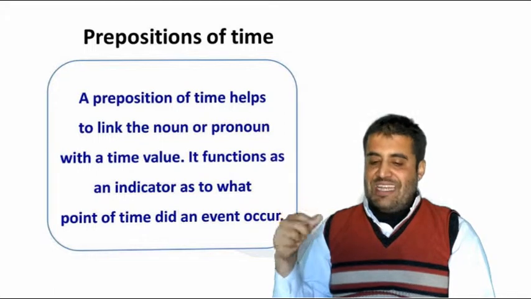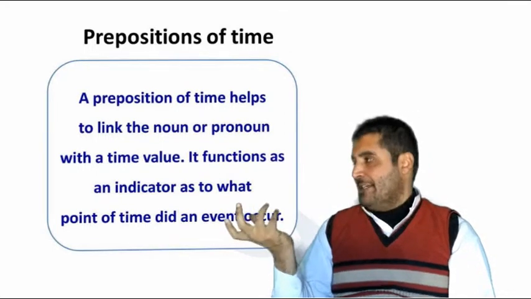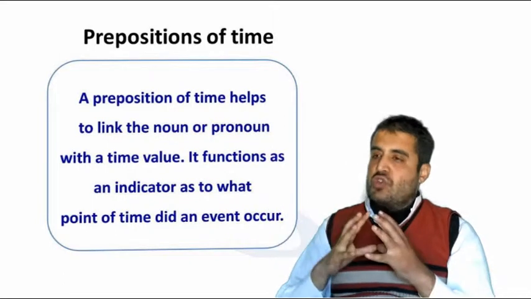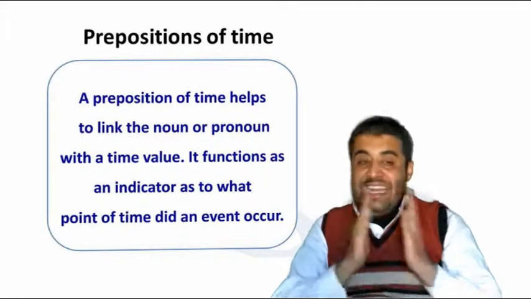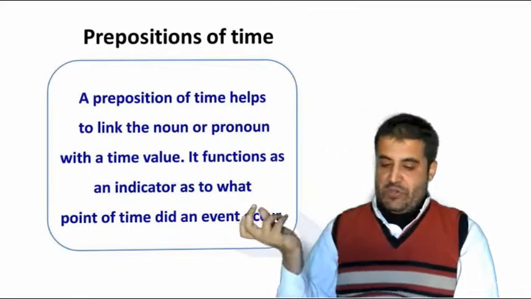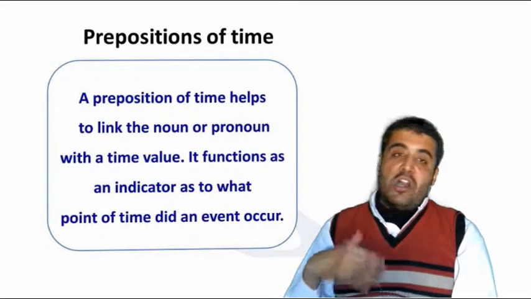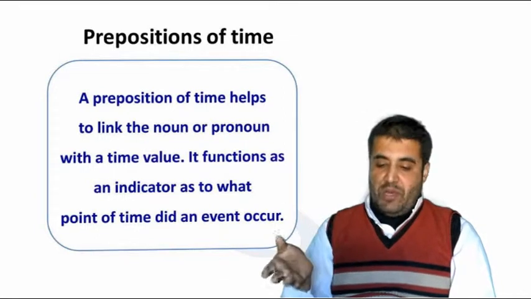It functions as an indicator as to what point of time an event occurred. So it shows us the relationship, or it links a noun or pronoun with a time value, okay?